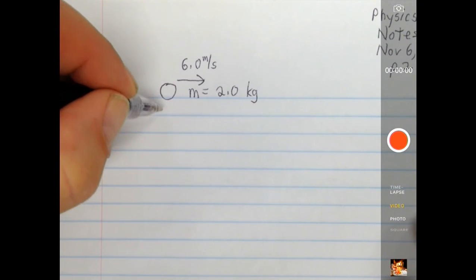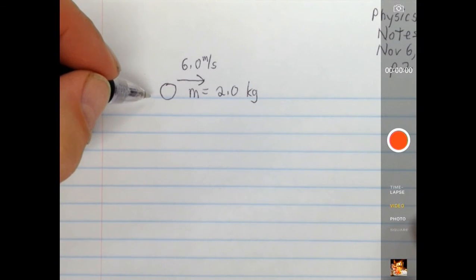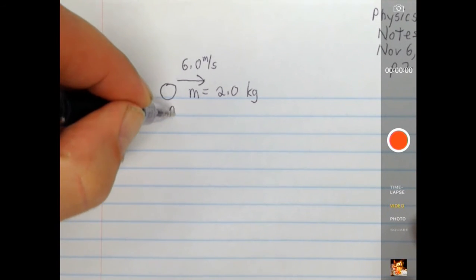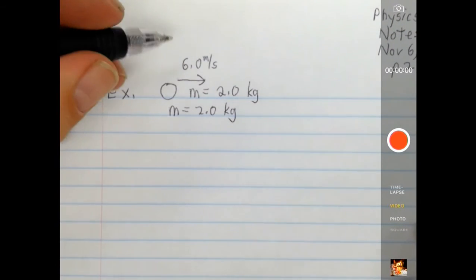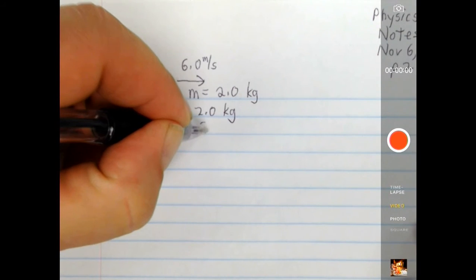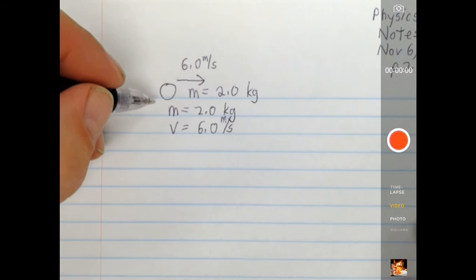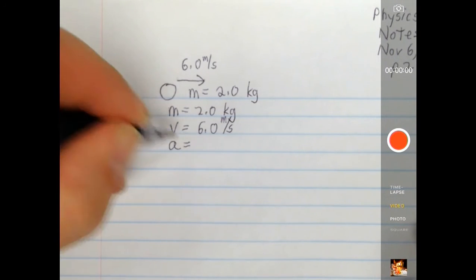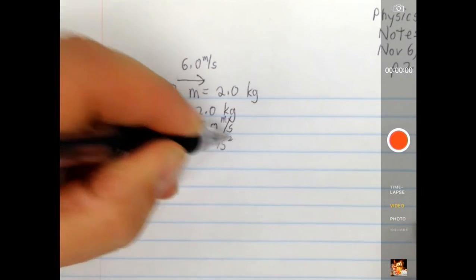Momentum, well, heck, we can put all kinds of things here, right? We know its mass is 2 kilograms. We can say that its velocity is 6 meters per second. It's going at a constant speed, so we could say its acceleration is 0 meters per second squared.